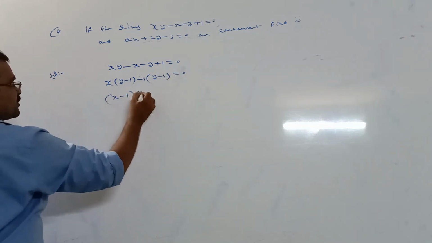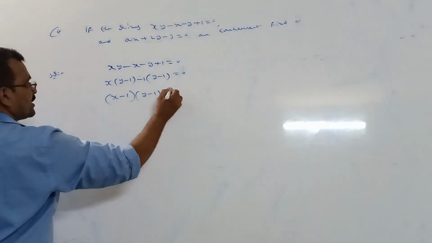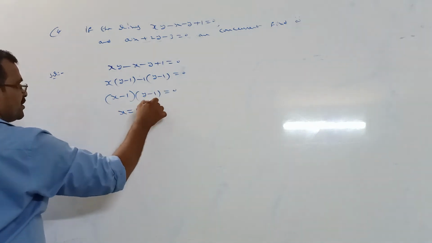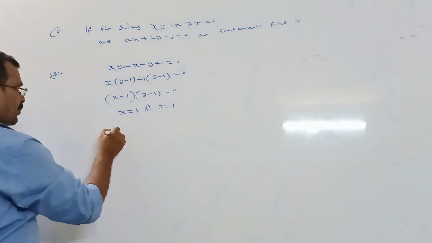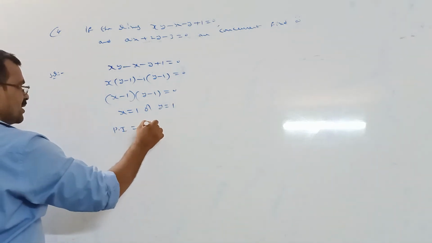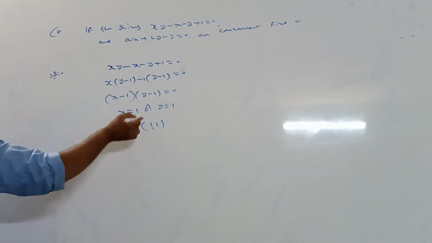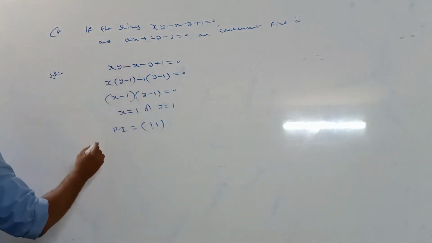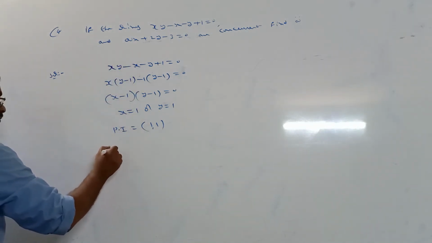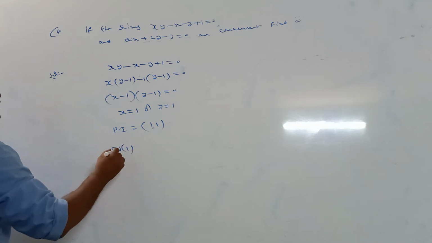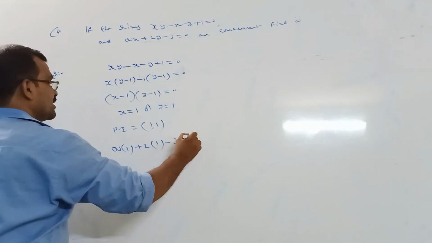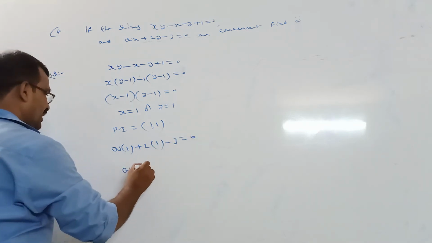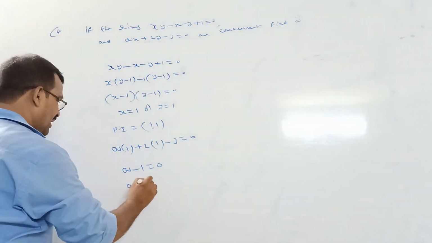Obviously x minus 1 into y minus 1 equal to 0. x equal to 1 and y equal to 1. So the point of intersection is 1 comma 1. Now substitute 1 comma 1 in the third line. That means a into 1 plus 2 into 1 minus 3 equal to 0. a minus 1 equal to 0, a equal to 1.